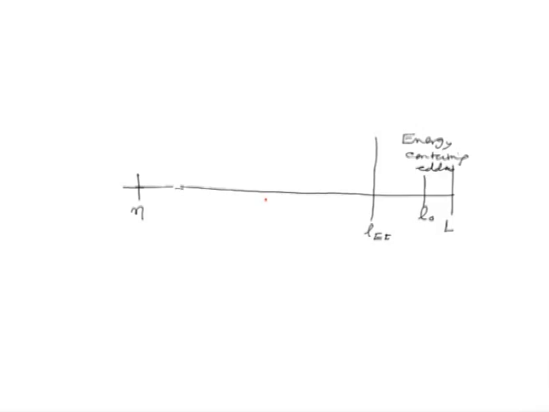Now dissipation starts much before eta, so let us define another length scale. Let us call it the dissipation length scale, which is roughly defined to be of the order of 60 eta, and we use the symbol LDI for it.